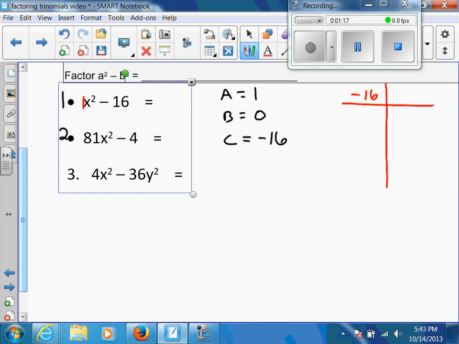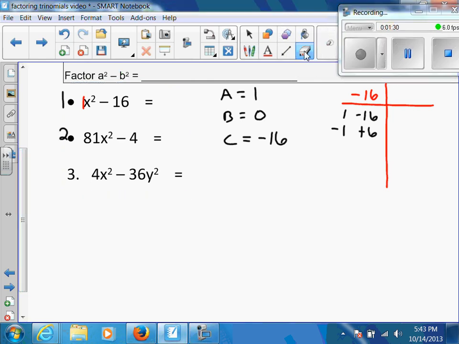So I want the factors of negative 16. 1 and 16, negative 1 and 16, 1 and negative 16, 2 and 8, that would be negative 2, positive 8, 2 and negative 8. I have 3, 3 doesn't work, 4 and negative 4.